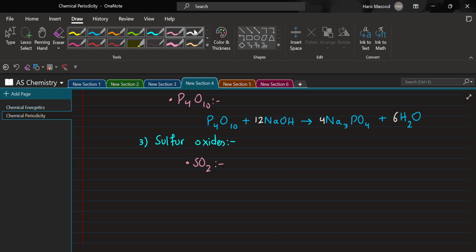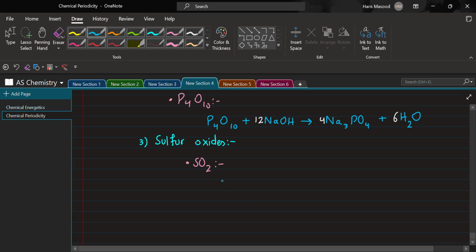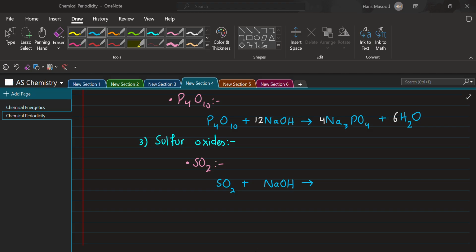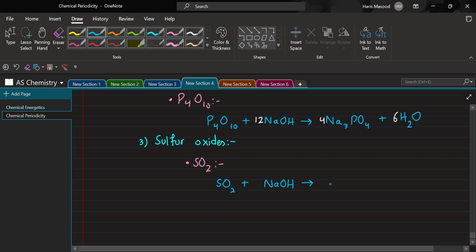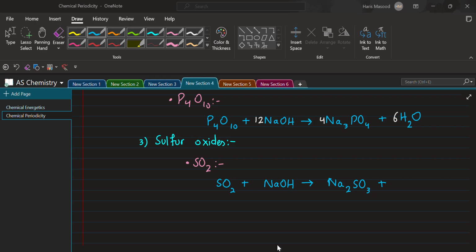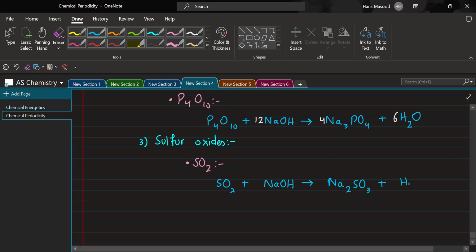SO2 will react with again NaOH to form sodium sulfite, that will be of 4 oxidation number, Na2SO3, and along with that you have water again.